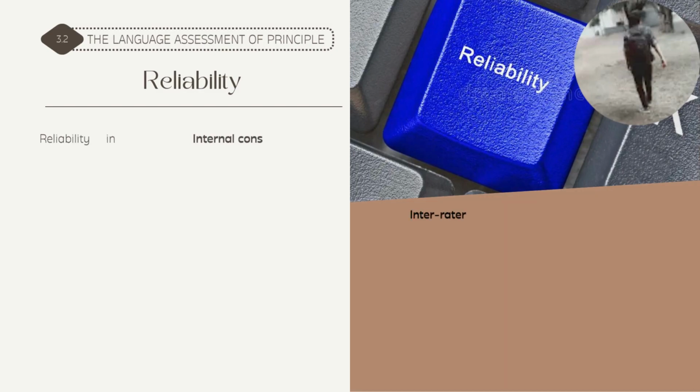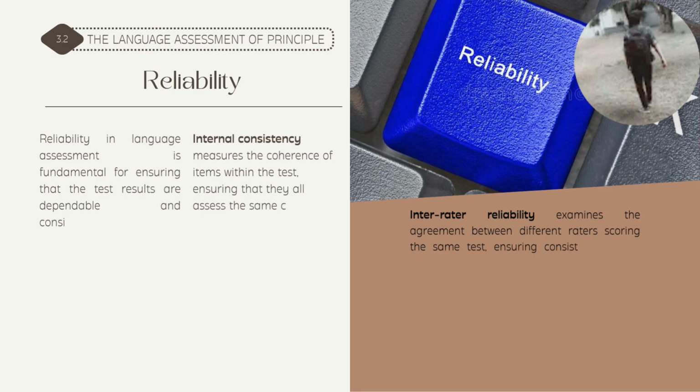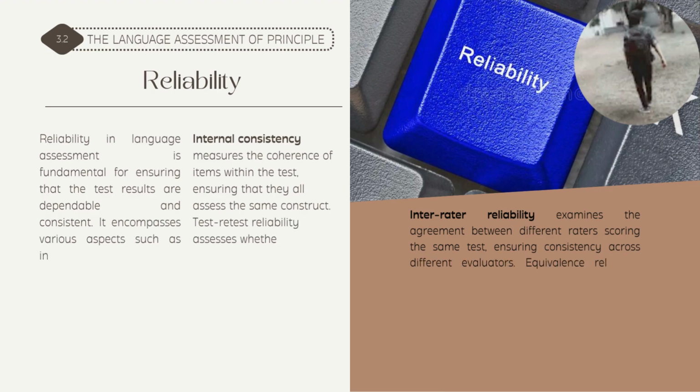Reliability. Reliability in language assessment is fundamental to ensuring that test results are dependable and consistent. It encompasses various aspects, such as internal consistency, test-retest reliability, inter-rater reliability, and equivalent reliability across different versions of the test.